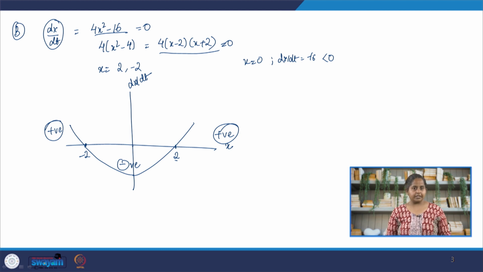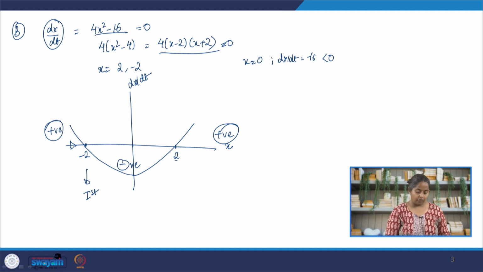Now let's figure out the stability of these two fixed points. The first fixed point, minus 2. On left side, dx by dt is positive, which means x is increasing. So the flow of x is towards right. On right side of this fixed point, dx by dt is negative, which means x is reducing.